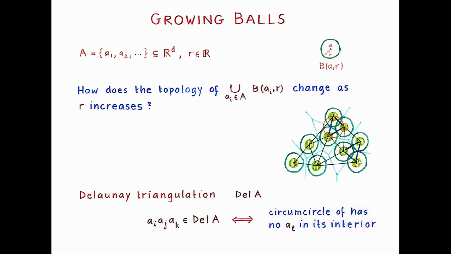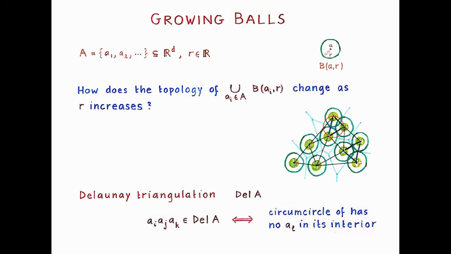Of course, my pictures are always two-dimensional. So what you do is that you put in each of those data points a ball of radius r. Originally r is small, and then you start growing r. And you see what happens. So originally, of course, these balls are just isolated, far away from each other.